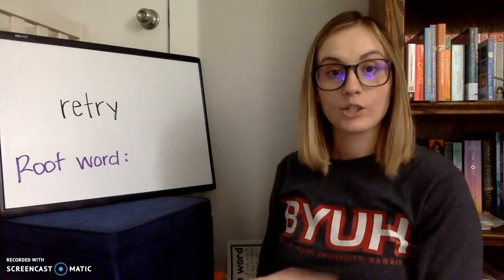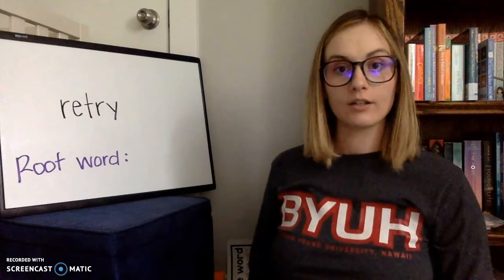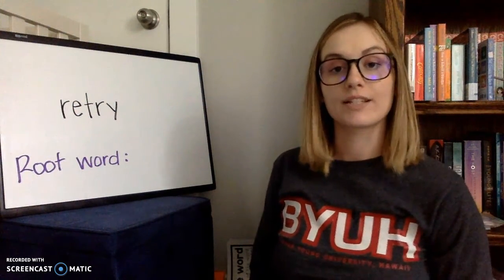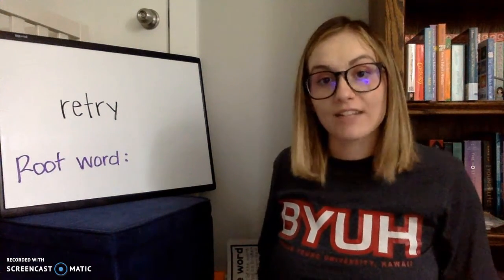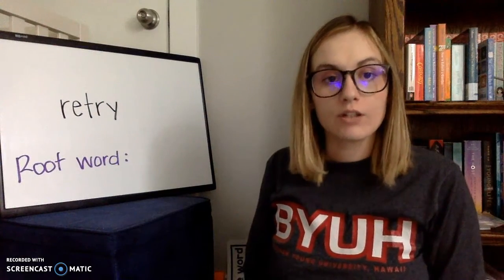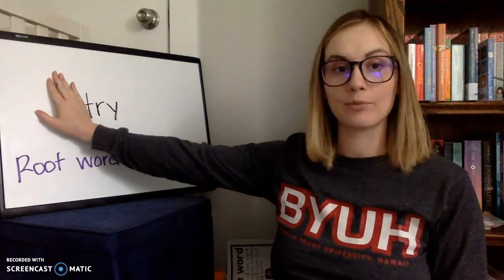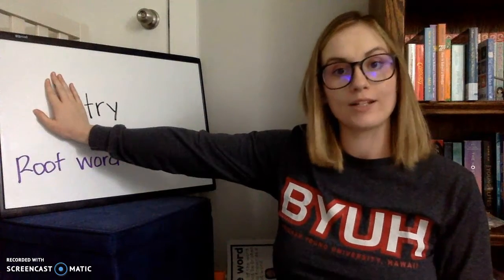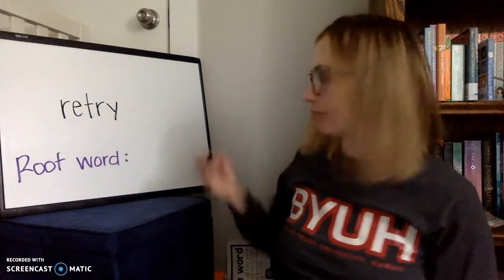Okay, our word is retry. To find the root word of a word with a prefix or a suffix in it, all you have to do is take off that prefix or suffix, and the word that is left is your root word. So, retry, take off my prefix, re. What is the word that's left over? Try. So try is my root word.